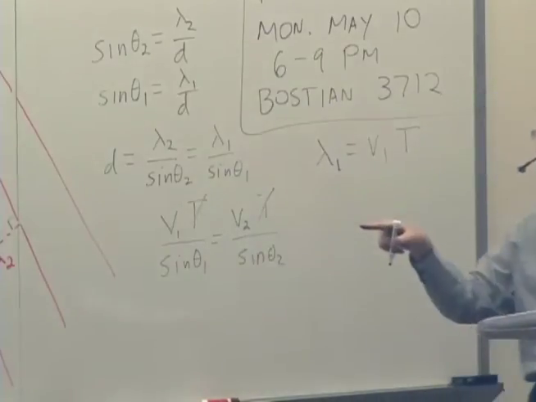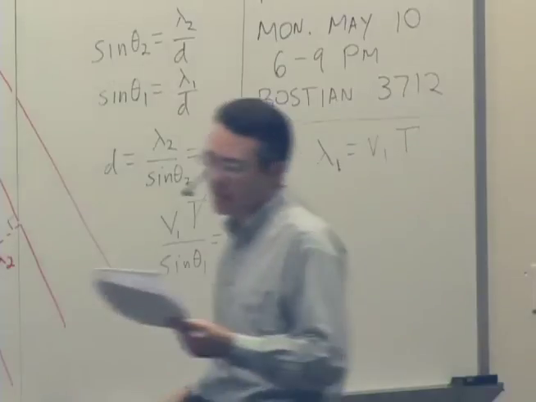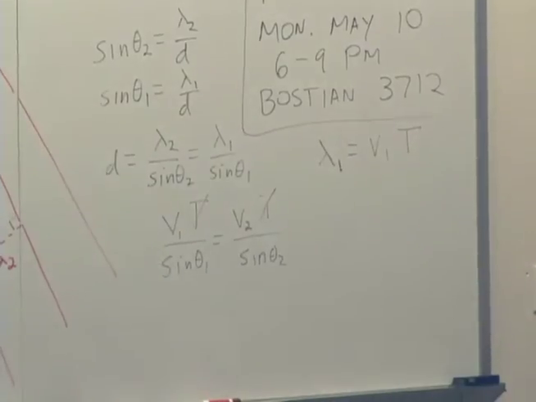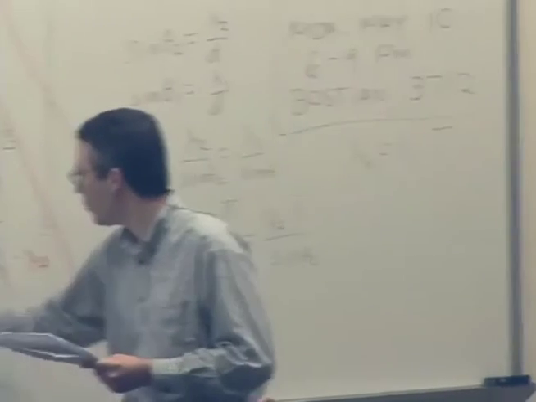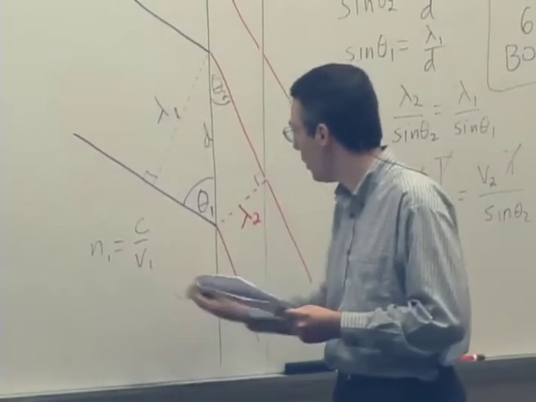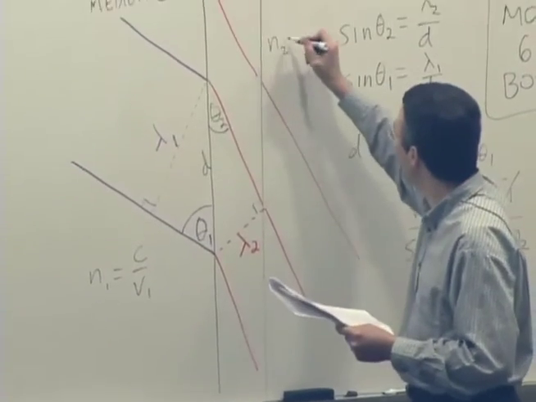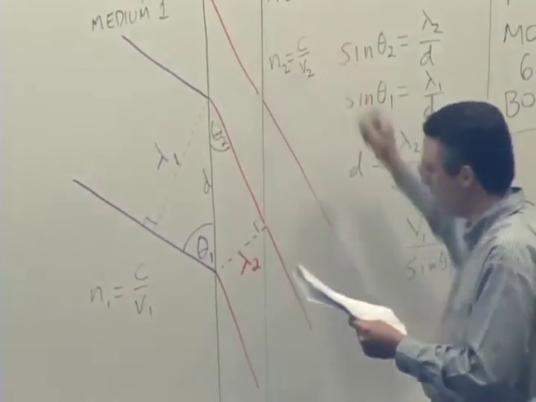Then by definition, we said that the index of refraction is c over v, so n1's index of refraction is c over v1, and n2's index of refraction is c over v2.